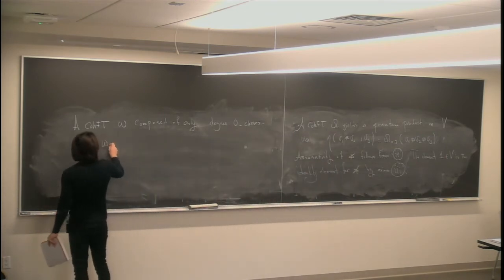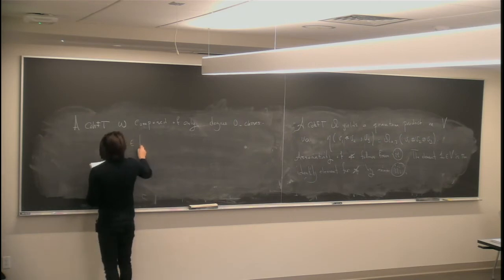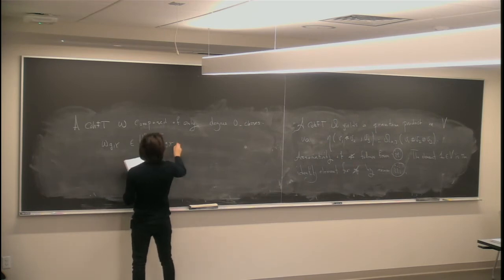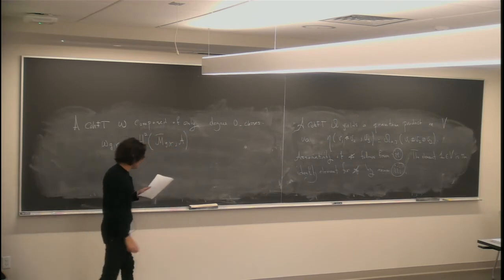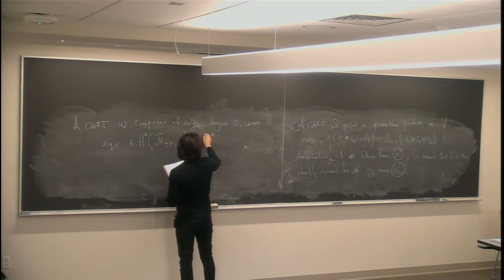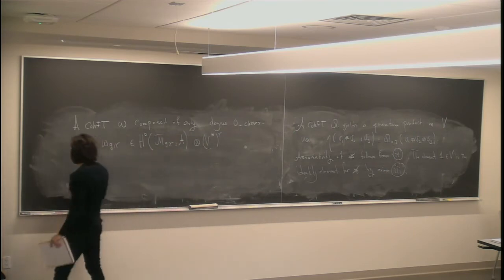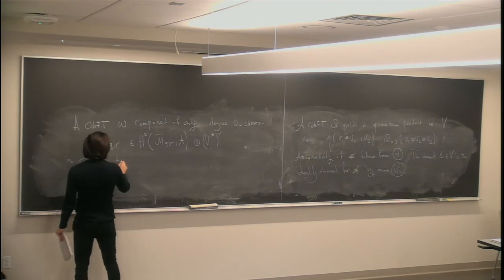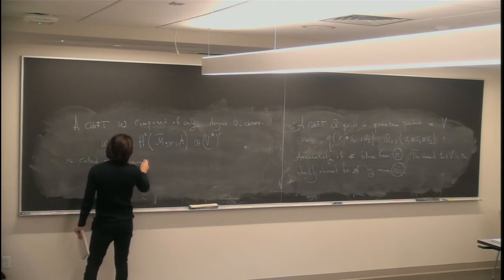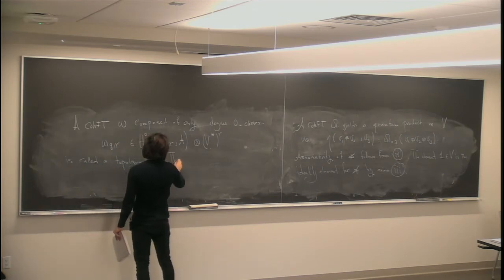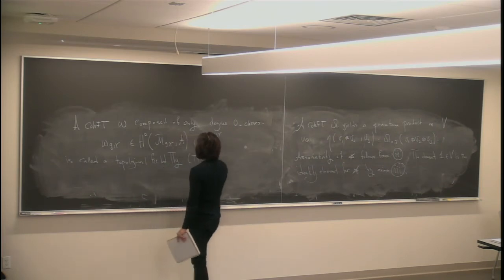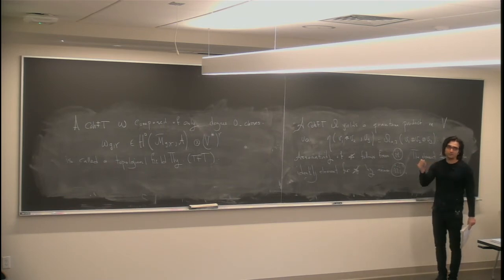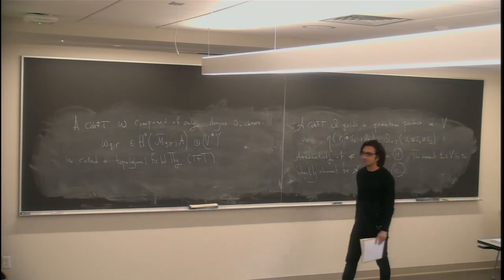Basically, these will be little omega_{g,R} in H^0 of M_{g,R} with coefficients in this algebra A tensored with V^{0R}, is called a topological field theory. That's a subset of cohomological field theory, only the one on which we are specialized to degree 0 classes.